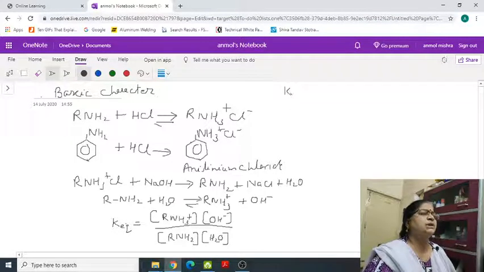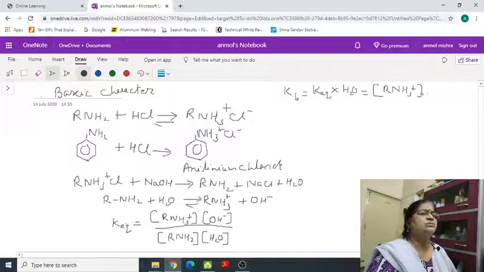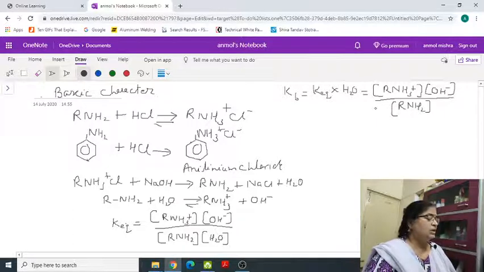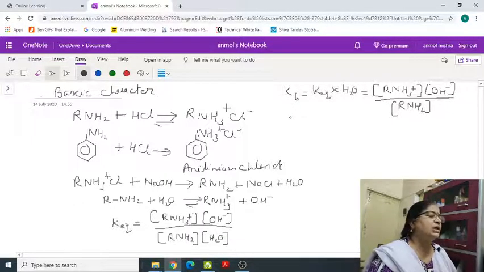Then second step, Keq into H2O. Now, this Kb is known as dissociation constant for base, whereas Keq is called equilibrium constant for base.